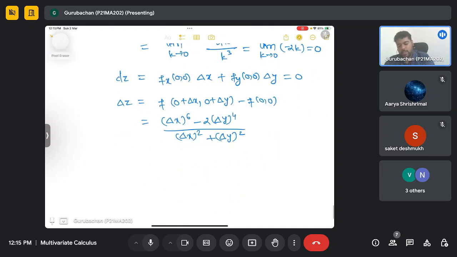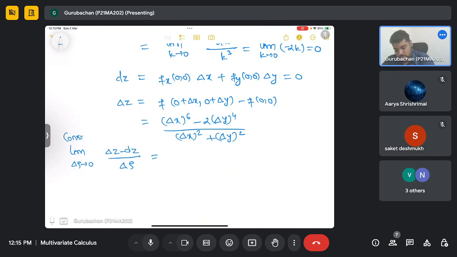Now what we have to check is whether the limit as delta rho tends to 0 of (delta z minus dz) divided by delta rho is going to 0 or not.